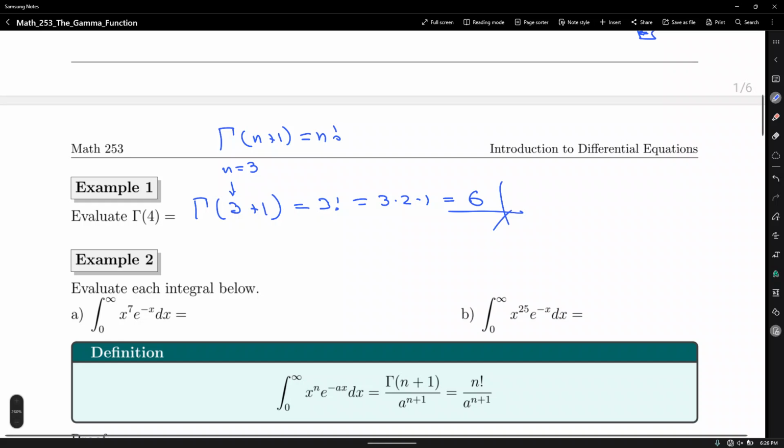Okay, let's have fun and play with improper integrals. Evaluate the integral from 0 to infinity of x to the 7 e to the negative x dx. Do you guys feel like doing integration by parts 7 times? Even funnier, do you feel like doing integration by parts 25 times? We're going to do this in a blink of an eye.